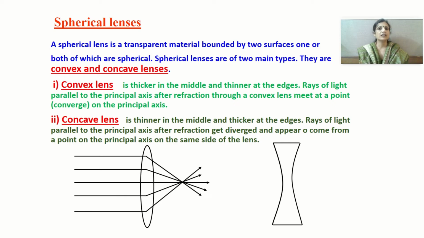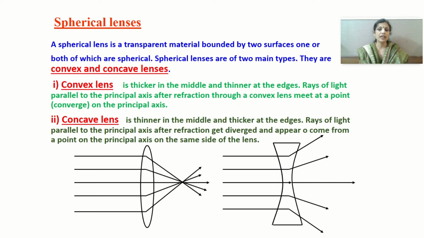Concave lens is thinner at the middle and thicker at the edges. Now when the rays of light fall parallel to each other on a concave lens, after refraction all these rays diverge, but it appears as if they are emerging from one point on the principal axis, and this point is called the focus of concave lens.